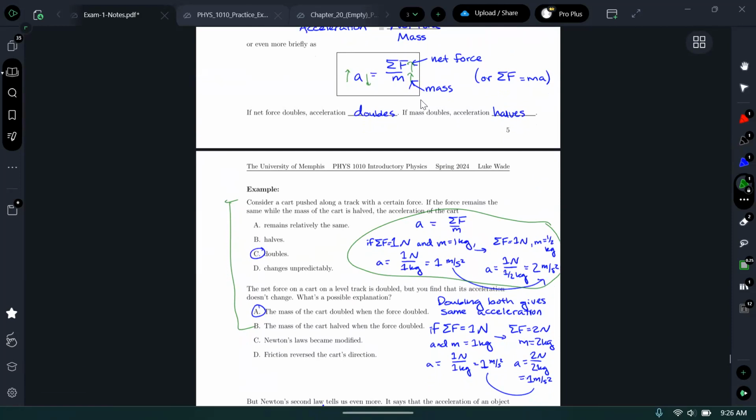So that knocks out usually half the answer choices because they talk about the acceleration decreasing. And then it's just up to you to realize that specifically if you double net force, you double acceleration. If you triple net force, you triple acceleration. And similar for mass. If you double mass, you halve the acceleration. If you triple it, you bring the acceleration down to 1/3 of what it was.